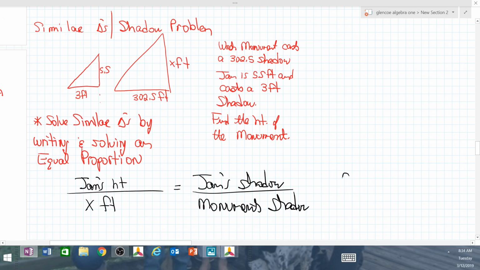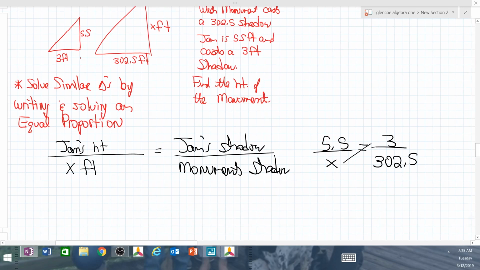So we have 5.5 over x equals 3 over 302.5. We're going to cross multiply. 3 times x equals 5.5 times 302.5.